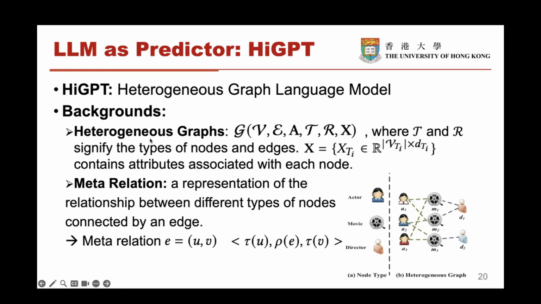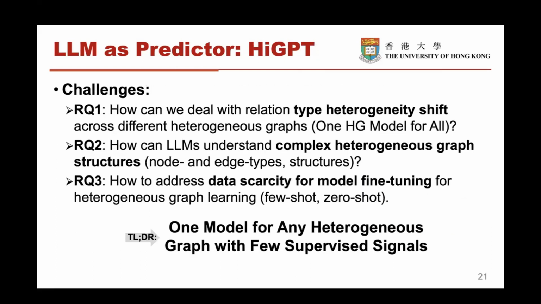The meta relation is a representation of the relationship between different types of nodes connected by an edge. For an edge E equal to (U, V), the meta relation is the node type tau U, the edge type rho E, and the node type tau V.